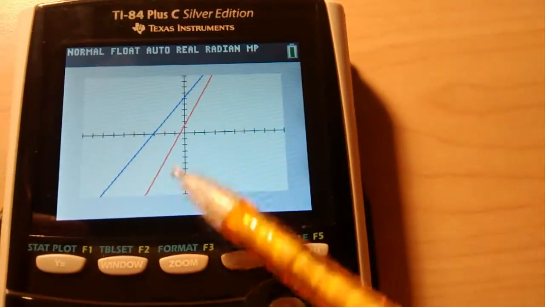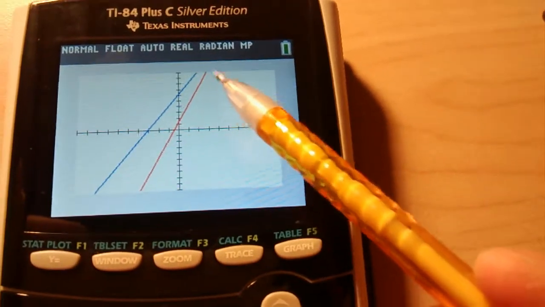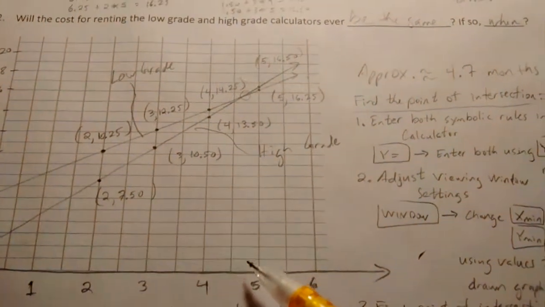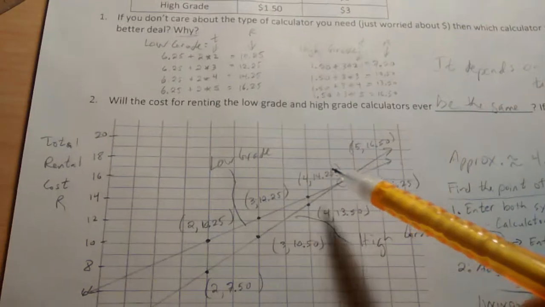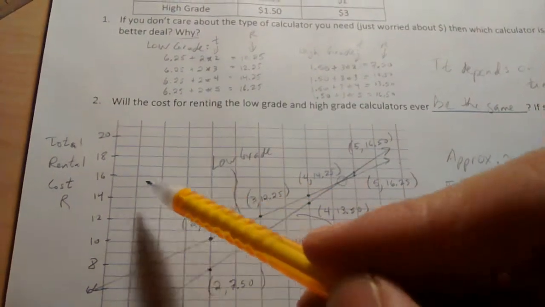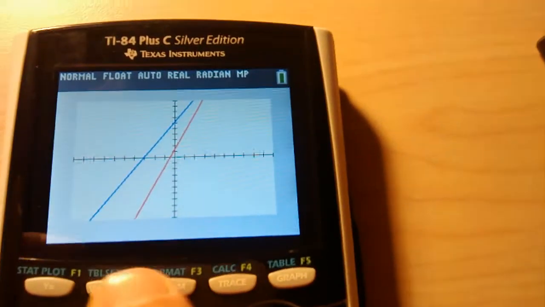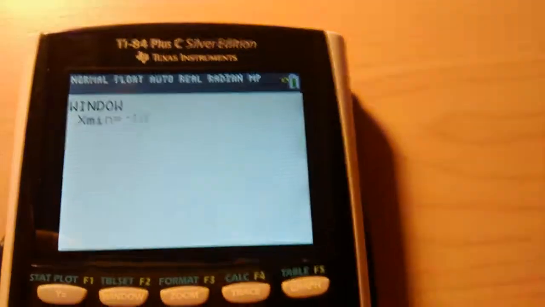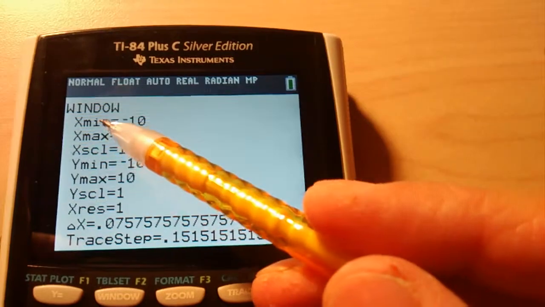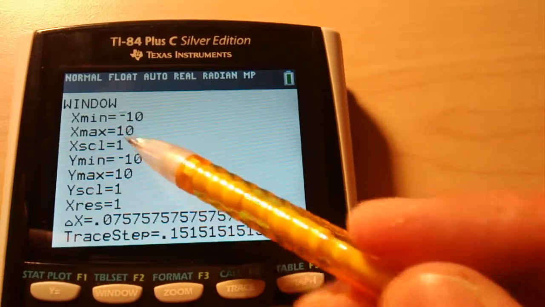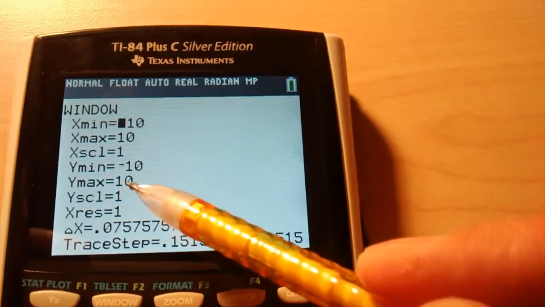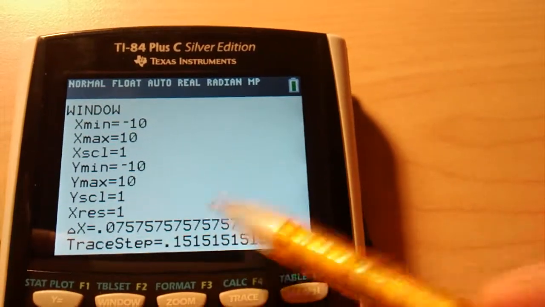So notice you see at least my two lines, but I can't see the point of intersection, because they intersect according to us at 4.75, and up here looking to be around between $15 and $16. So again, the Zoom standard or Zoom 6 will give you 10s all the way around. So left-hand wall, right-hand wall, bottom floor, rooftop here in terms of your viewing window.